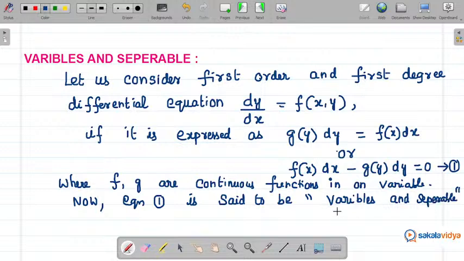Simply, we can say that we are separating the variables. So, this is called variables separable.